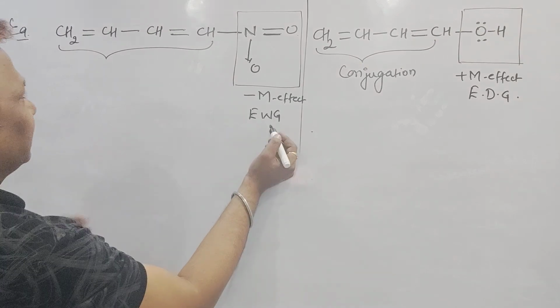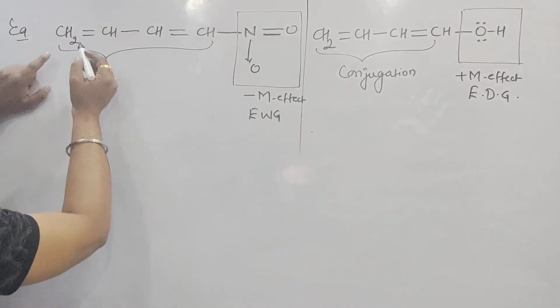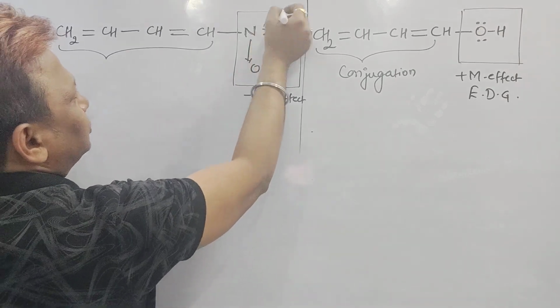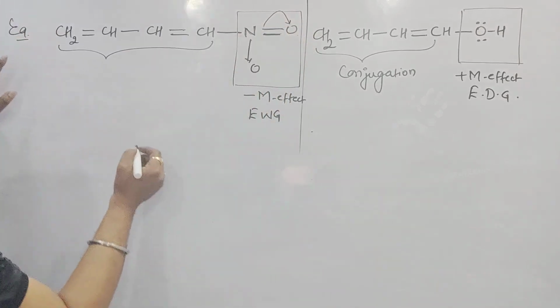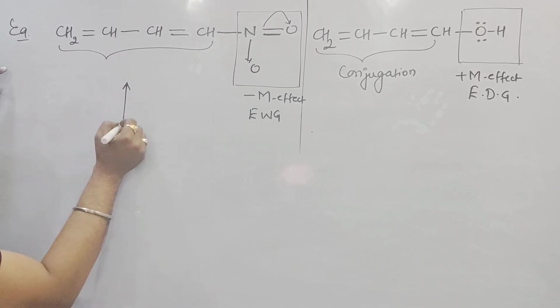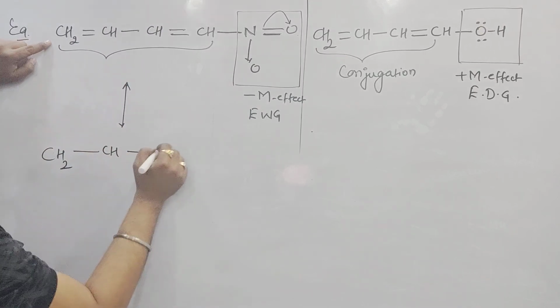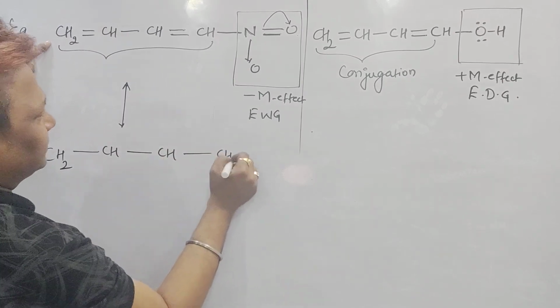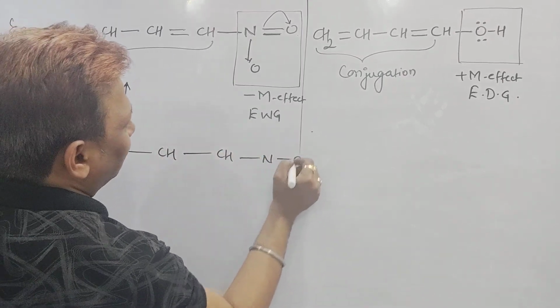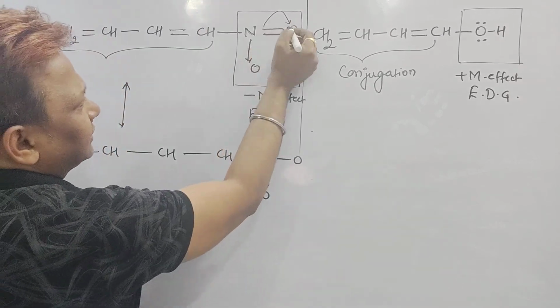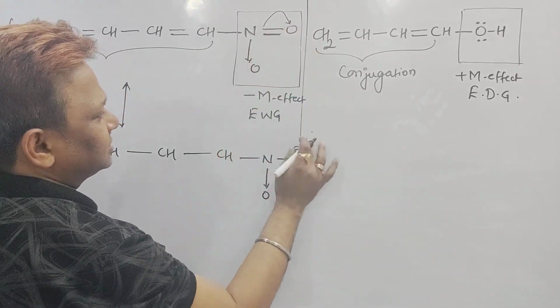But electron withdrawing means how does it withdraw? Just see here. When it withdraws the electrons, what will happen? The pi bond goes to here. When the pi bond goes to here, I want to write the resonance of it. See here. This is CH2 single bond CH, single bond CH, single bond CH, N and single bond O, dative bond O. When this pi bond shifted here, this oxygen will get a negative charge.